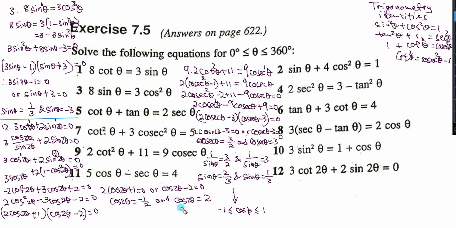That means to say here there's no valid answer. So this one you proceed and work on using whatever you have learned to find the theta value. Hopefully this will help you to understand how to solve this type of even more complicated trigonometry question.